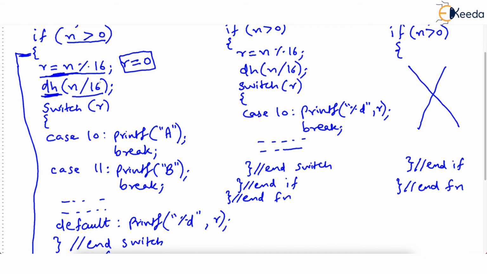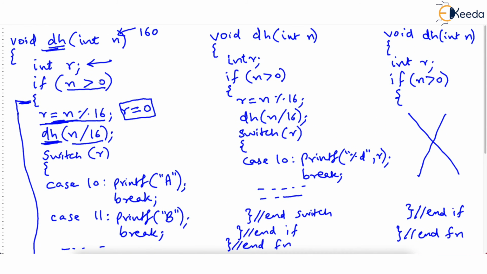So please try to understand that the same function dec to hex is getting called from this line. So here is the new occurrence of the function. Dec to hex has been called again with the parameter n as 10.